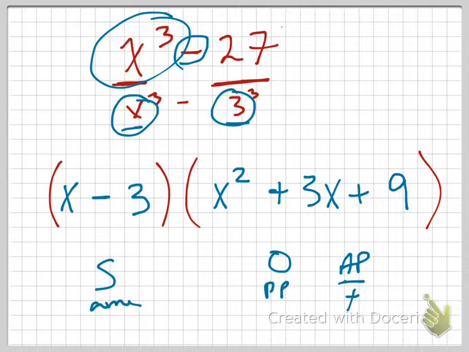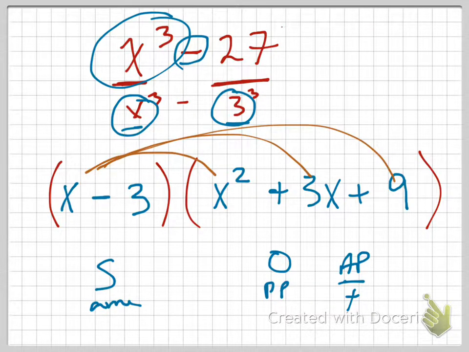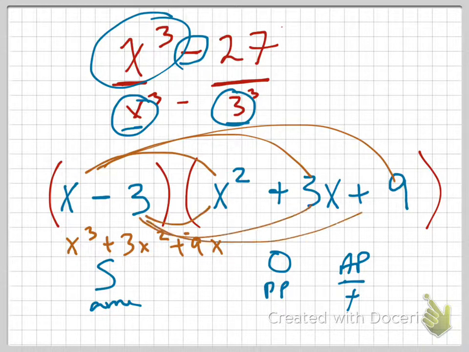So now let's check it. Let's check to make sure that that actually works. If I multiply this in here, I'm going to get x cubed plus 3x squared plus 9x. And if I multiply this in here, I'm going to get minus 3x squared minus 9x minus 27.